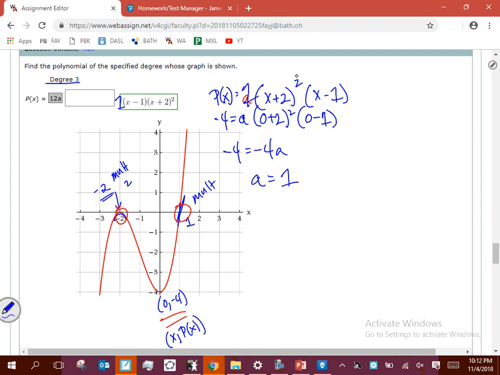Now I've got my function. We'll do quite a bit of that throughout the year with different functions. Polynomials right now, maybe we'll see some rational functions towards the end of this chapter. We'll do it with logarithms and exponentials and that kind of stuff. Looking at a graph and working our way backwards to come up with the equation that the graph is developed from.